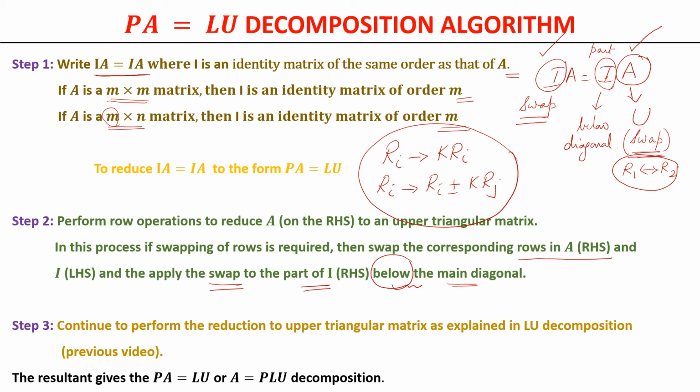What is new here is only the swapping of the rows, and step 2 is the main step where we have to know which matrices to swap the rows in. So remember: right hand side A, left hand side I, and right hand side I only for that part of the two rows which lie below the diagonal. Let's apply this in certain examples.